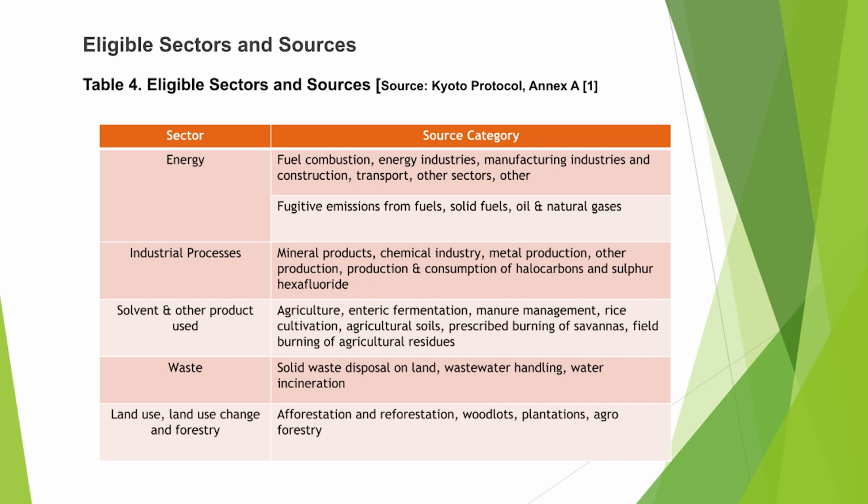Solvents and other products used, and agriculture, come from manure management, rice cultivation, agricultural soils, prescribed burning of savannas, and field burning of agricultural residues. The waste comes from solid waste disposal on land, wastewater handling and waste incineration. Land use change and forestry come from woodlots, plantation and agroforestry.